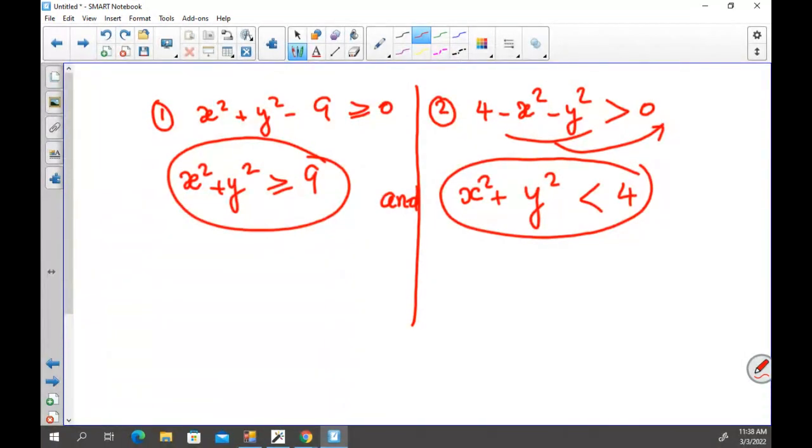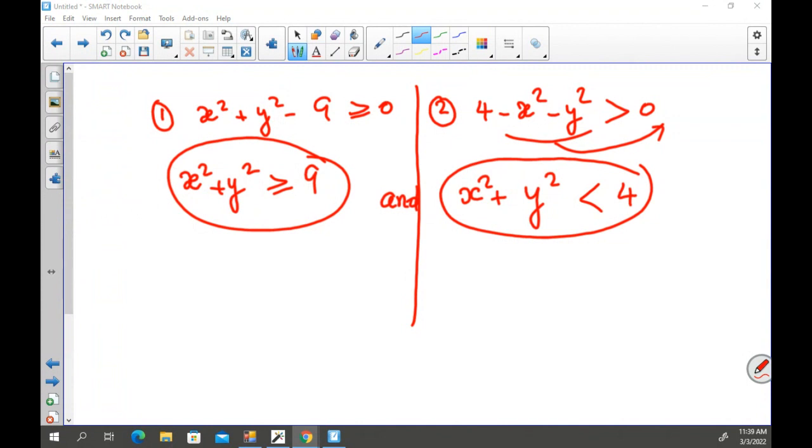So according to this, x squared plus y squared must be less than 4, which is this, and x squared plus y squared greater than or equal to 9. But actually, can you have this at the same time? Something less than 4, but at the same time greater than 9.